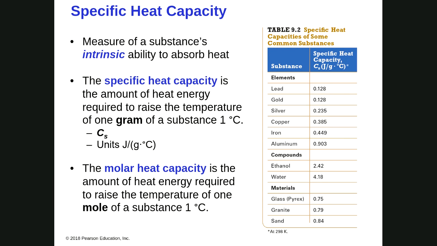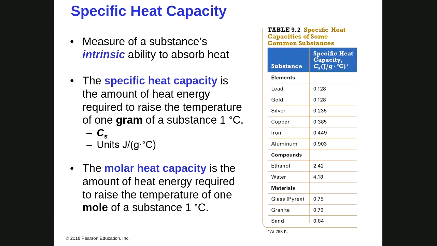So the specific heat capacity is specifically the energy required to raise the temperature of 1 gram by 1 degree C. So we use that to compare materials.